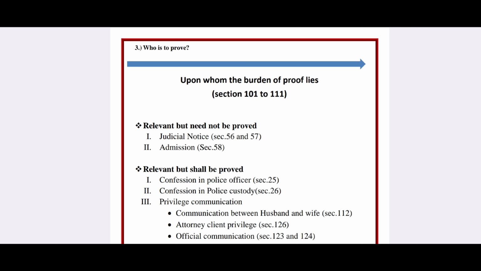Then admission. If someone commits a murder and admits that he has done the murder, we are not going to ask him to prove how he did it. That provision, admission, is dealt with under section 58. These two need not be proved for the convenience of the court and so as not to waste the court's time.